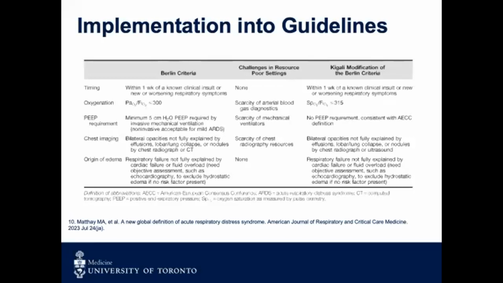They didn't have access to blood gases, so that's why they used that. They didn't have access to ventilators like we do here, or the amount of ventilators, and so there was no PEEP requirement, and they ended up using a lot of high flow. And they didn't have access to CT scanners or chest X-ray, and so they used ultrasound often to look at these bilateral opacities.